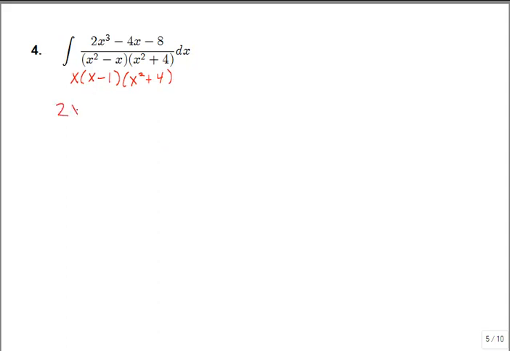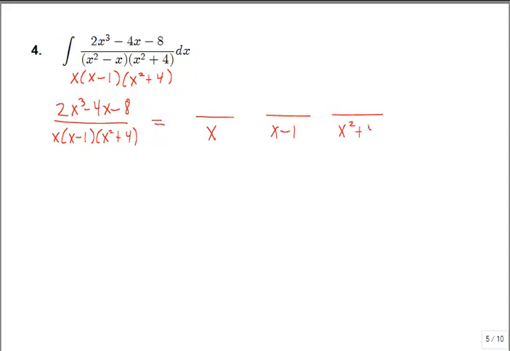So that means that this rational expression is going to be broken down into the following partial fractions. Each of these factors in the bottom is only to the first power. So I'm only going to have 3 fractions, one for each factor: an x, an x minus 1, and an x squared plus 4.